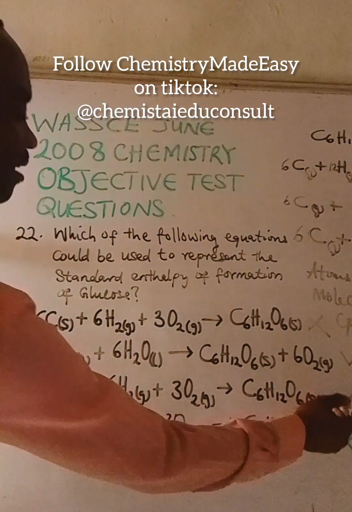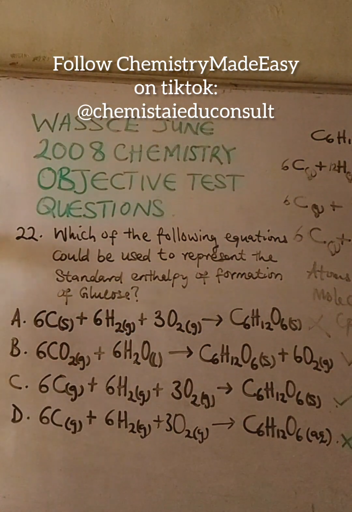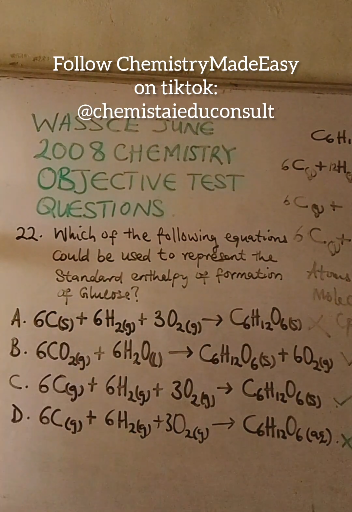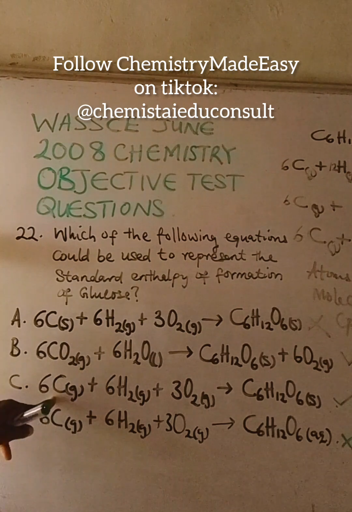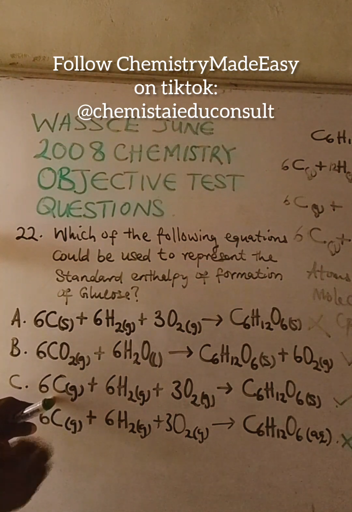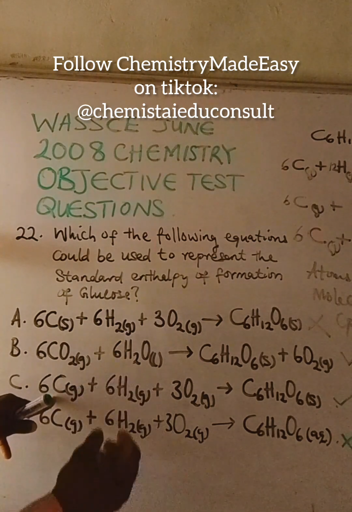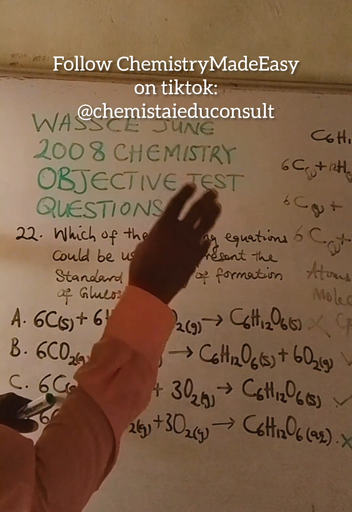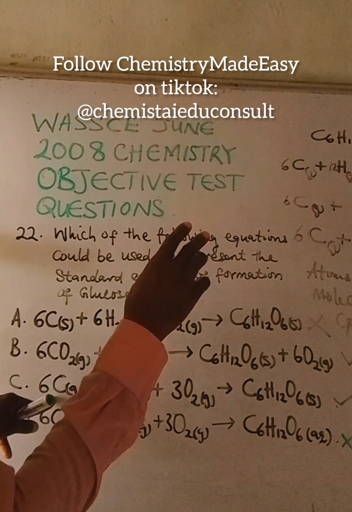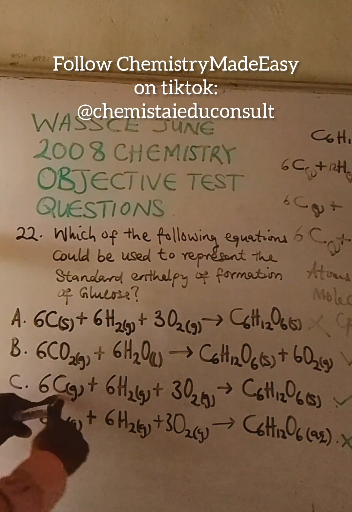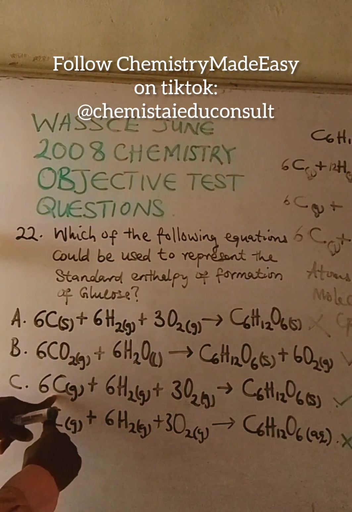Now let's reconsider these two. These two seem to be correct, but check it out. Carbon atom cannot exist without being in combined form or without being in a crystalline form like amorphous, diamond and graphite. But this carbon atom is gaseous.